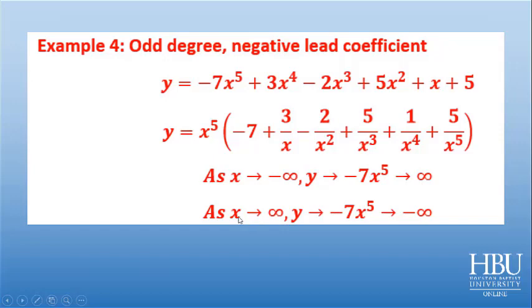On the other hand, as x approaches positive infinity, x to the fifth would approach positive infinity, and a positive times the negative 7 would be negative, toward negative infinity. So here, the left tail is going up and the right tail is going down.